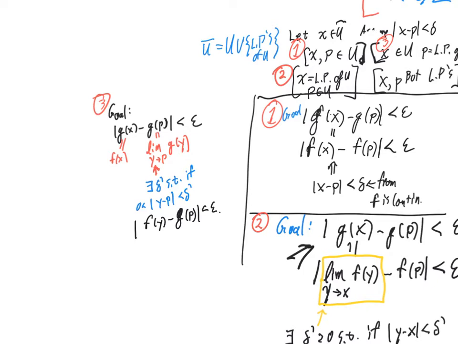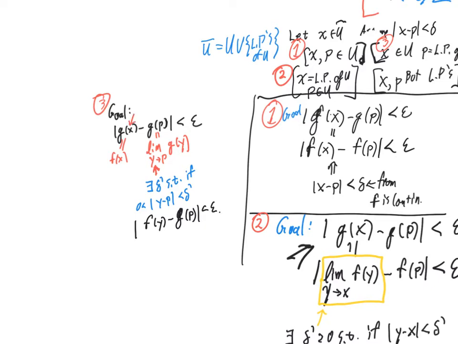Well, certainly that says whenever we take an input in u that is close to p, then the output will be close to g of p. Well, that's exactly the situation that we're in over here, right?